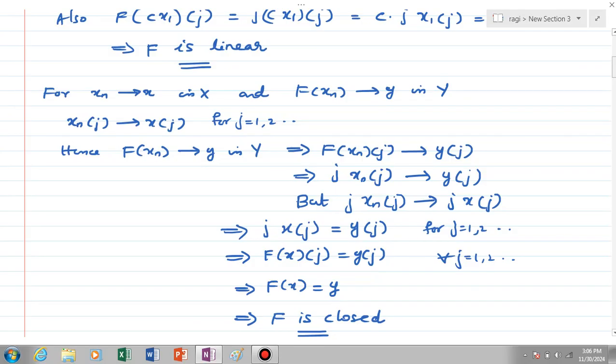Okay, so we have j times x(j) is equal to y(j) for every j equal to 1, 2, 3 etc. This means that F(x)(j) is equal to y(j) for every j, means F(x) is equal to y. That is, if x_n converges to x and F(x_n) converges to y, then y is equal to F(x), means F is a closed map.